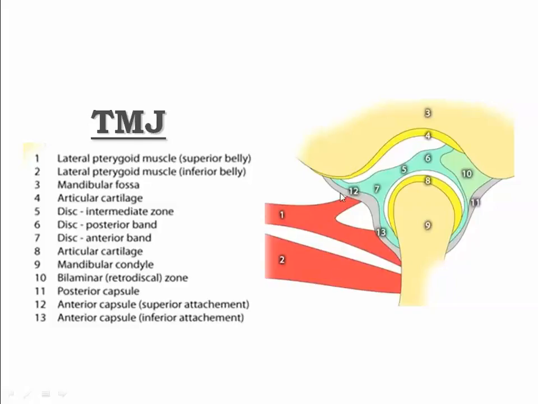The superior belly has an intimate relation to the articular disc and is involved in the movement of this disc as well. Posteriorly, there is a zone known as the bilaminar zone or the retrodiscal zone, which attaches the disc to the posterior joint capsule.